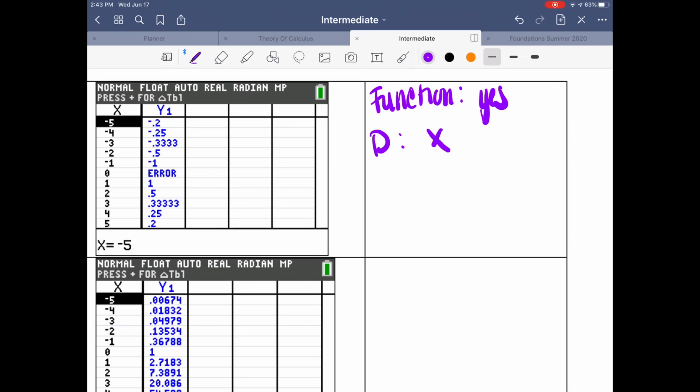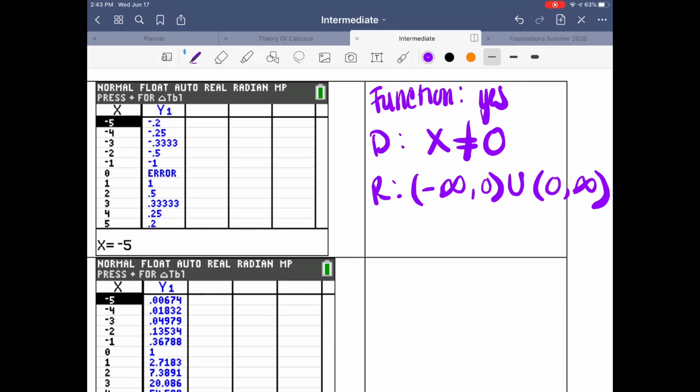For the domain, x cannot equal 0. It can be anything else, just not 0. And then for the range, we can go from negative infinity to 0, and then that's a union. I'll explain this in a second. Okay, so what I wrote looks kind of weird.